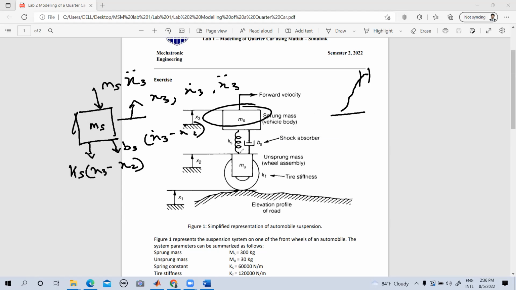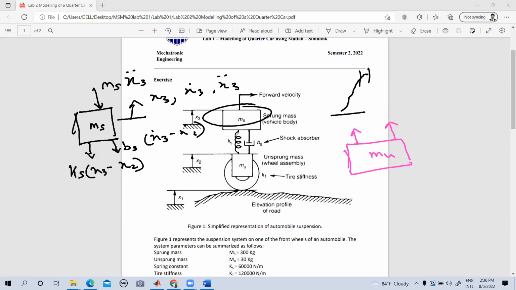If you consider the unsprung mass, the unsprung mass is Mu. Now, obviously, these forces are going to act on this, right? Since these forces are acting on this at these points, there's going to be resultant forces equal to this.